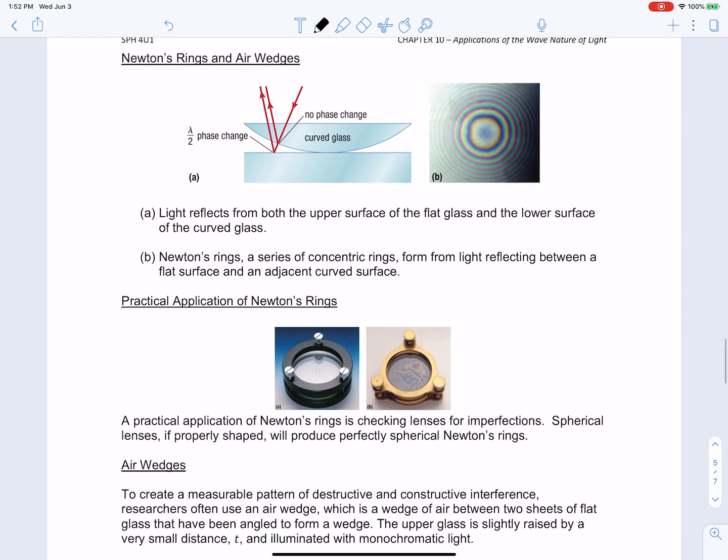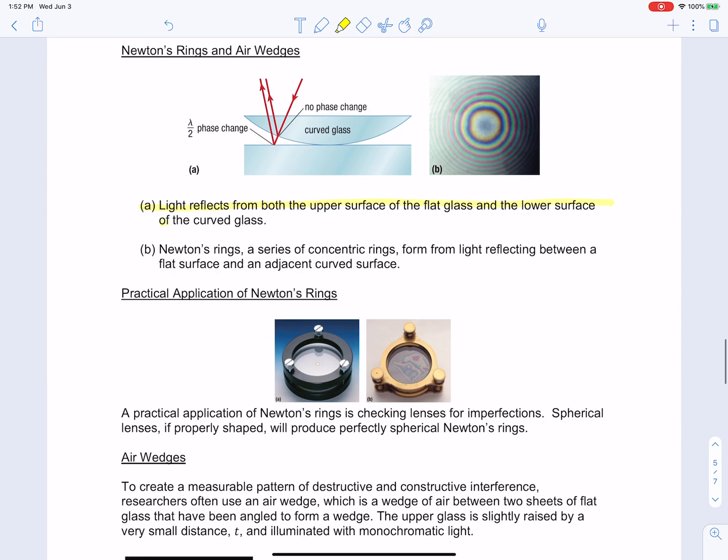So, 2 important points we need to remember. A, light reflects from both the upper surface of the flat glass and the lower surface of the curved glass. And B, Newton's rings are a series of concentric rings from light reflecting between the flat surface and the adjacent curved surface.